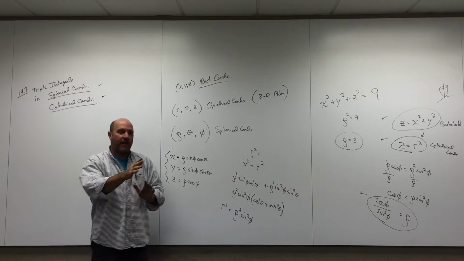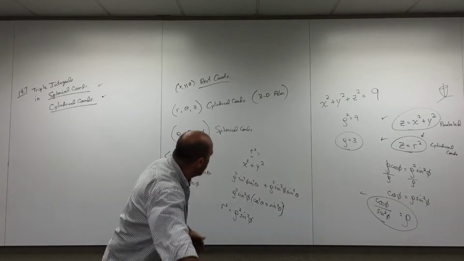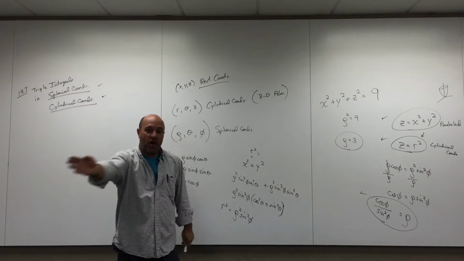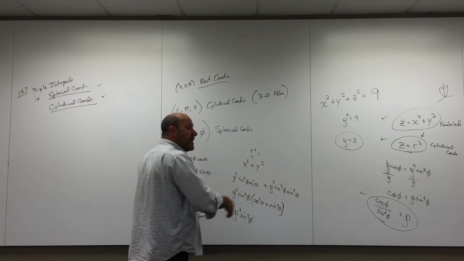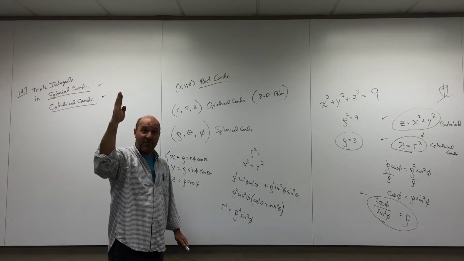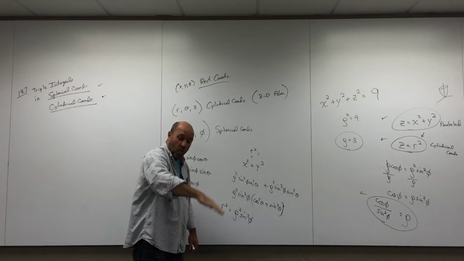But it works. Now, just to mention one more thing here. If you're going to let theta go all the way around from 0 to 2 pi, then you don't need that much phi. You only need phi to go from 0, and this is funny, pointing straight up is 0, to 180.